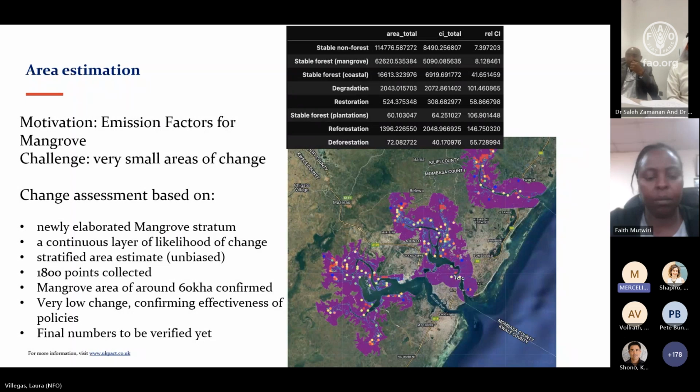And this gave us a total area of around 60,000 hectares confirmed to be under mangrove. We also observed that there was very low change. This confirms the effectiveness of the policies that are being implemented in this particular area. Our results are yet to be verified. We have not validated the results on the ground as per se. And with that, I say thank you.